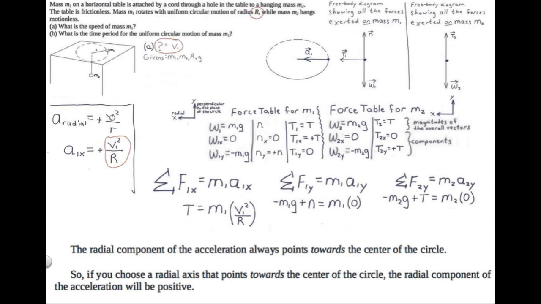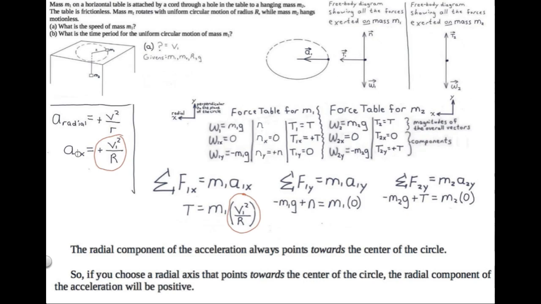For the speed of object 1, we are using the symbol v sub 1. For the radius, we substitute capital R, the symbol we were given in the problem. The radial component of the acceleration points towards the center of the circle, and we've chosen a radial axis that points towards the center of the circle, so the radial component of the acceleration is positive.